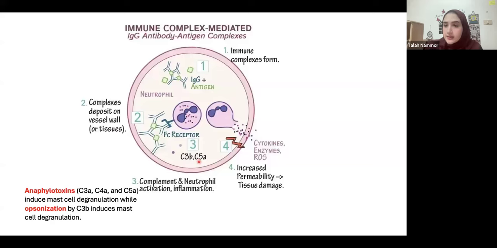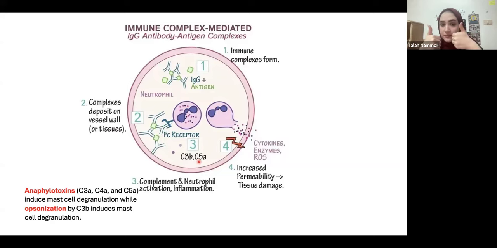So, do you understand it, guys? The difference between type 3 and type 2 is that in type 2, it's the antibodies binding to a cell and causing damage. Here, it's the complex of the antibody with the antigen depositing in different areas, activating the immune system. Do you get me? Please say yes.